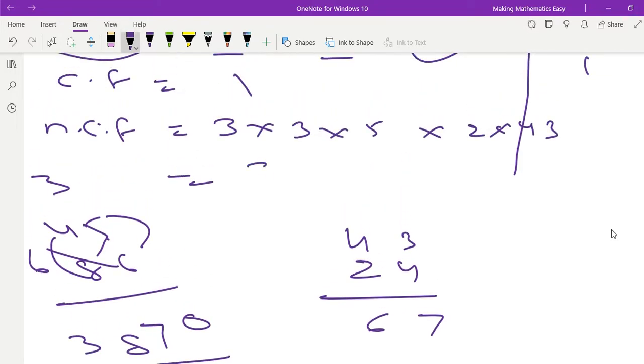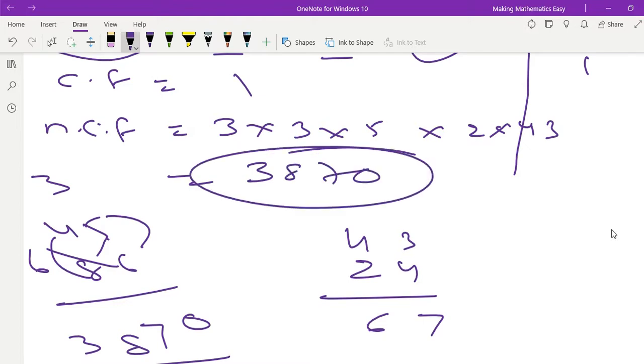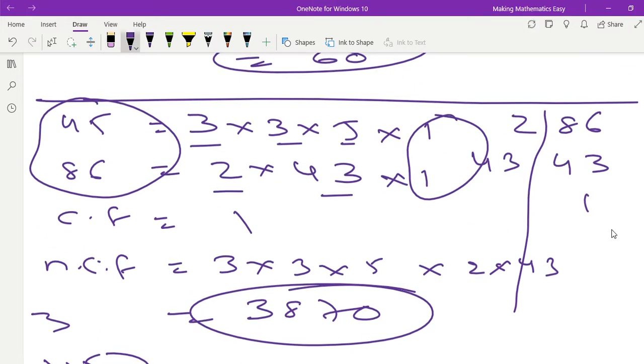So this is 3870. So the LCM of these two numbers, 45 and 86, is 3870. Okay, since we do not have anything common, our common factor is 1, and all the factors will automatically go as non-common factors, and the multiplication of all these numbers will be my LCM.